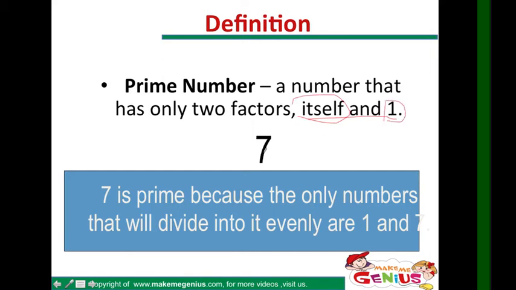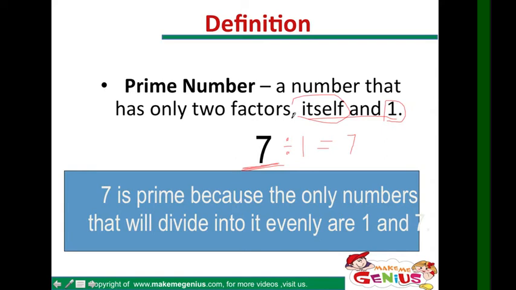Okay? Halimbawa, 7. Mag-isip ka nga ng number na pwede kong i-divide sa 7. Ang number lang na pwede kong i-divide sa 7 para makakuha ko ng whole number is yung 1. Tama? Kasi 7 divide 1 is 7. Wala na akong maisip pang ibang number.